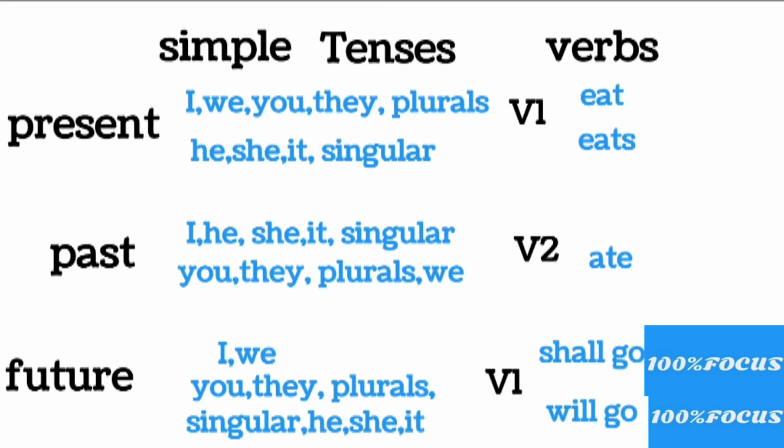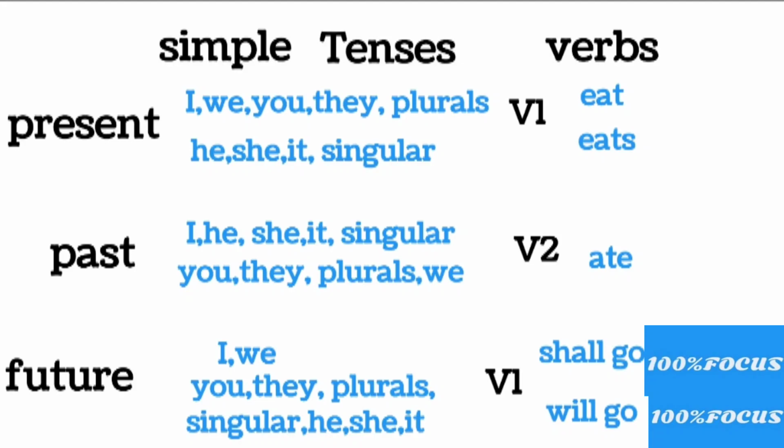We are not going to add anything more depending upon the subject. Whatever the subject is, I, plural, we, he, it, anything, the verb is V2. No addition to the verb.